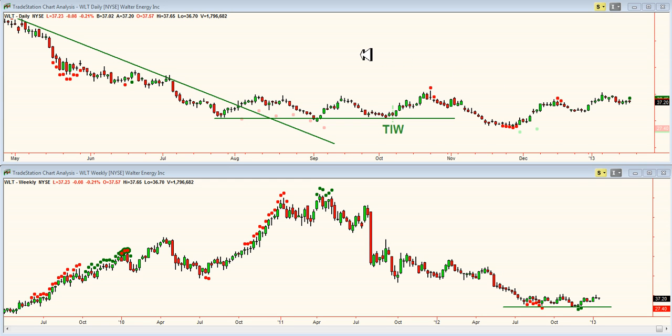All right, let's take a look at WLT. WLT, many times in a stock you'll have not a sharp reversal but a long consolidation, and then the beginnings of a possible reversal after that consolidation. You can see that on WLT weekly chart down. We had a high candle count. There it waser here, red dots, and then the longer term green dots, and you can see the support line on this daily chart.